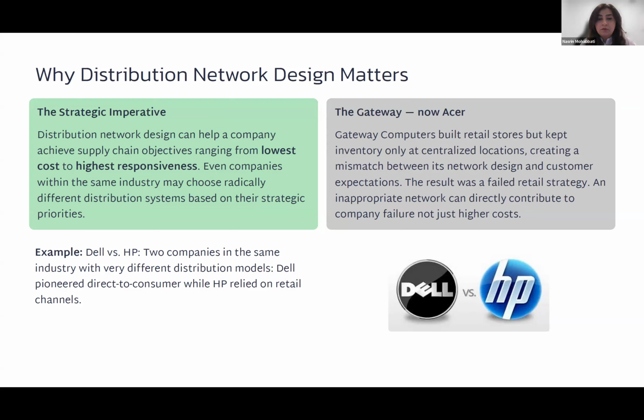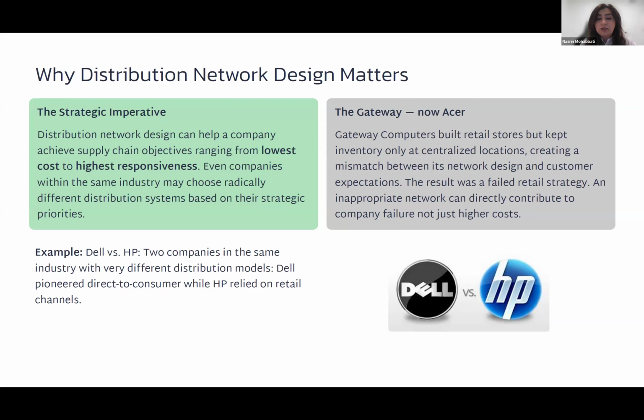Later, around 2004, Dell decided to change their strategy, their network design, in a way that they could offer the computers in retail stores.